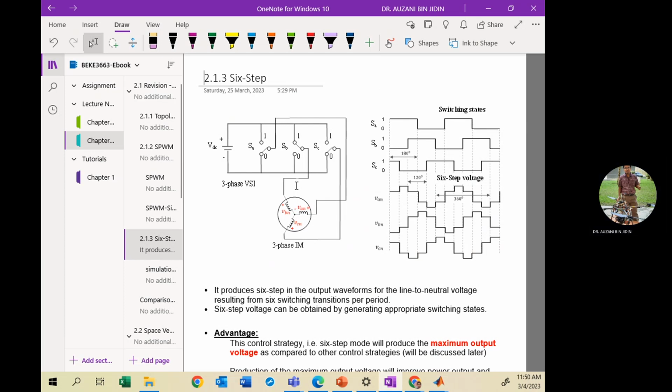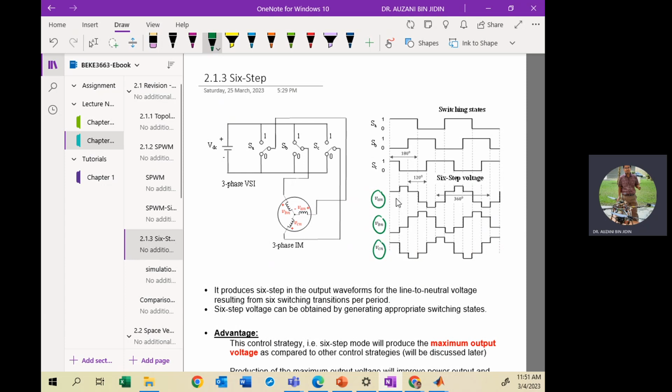Okay. For the six step, you apply the same circuit topology. It consists of 6 IGBTs and 3 legs. The switches on the top and bottom of any leg cannot be turned on at the same time. But for the wave shape, you can refer to this 6-step waveform. So here is the VAN, phase A voltage, phase B voltage, and phase C. It will have 6 steps for one complete cycle of the waveform.